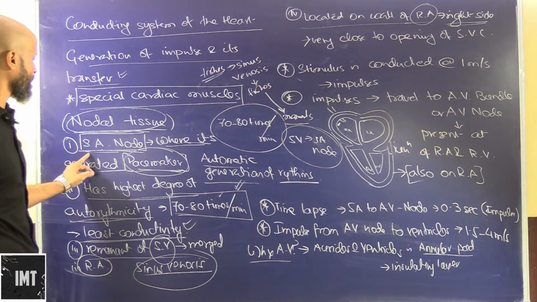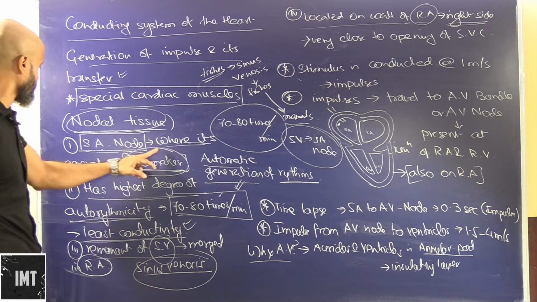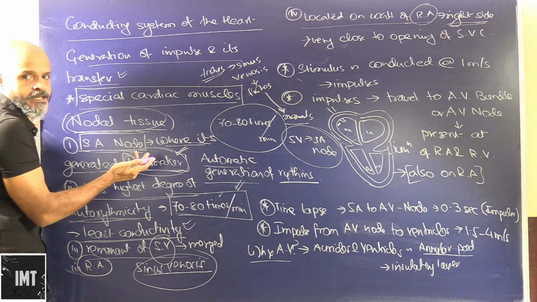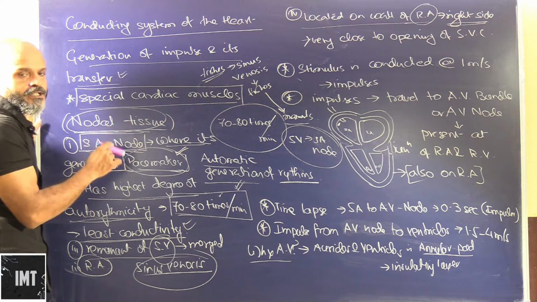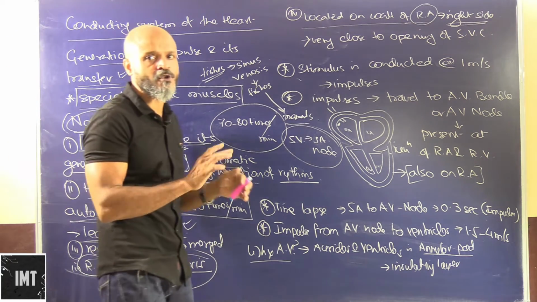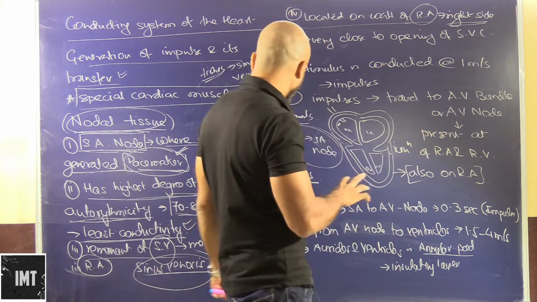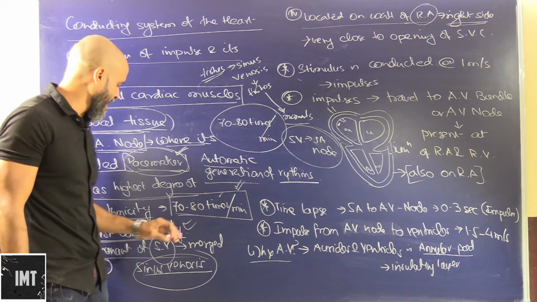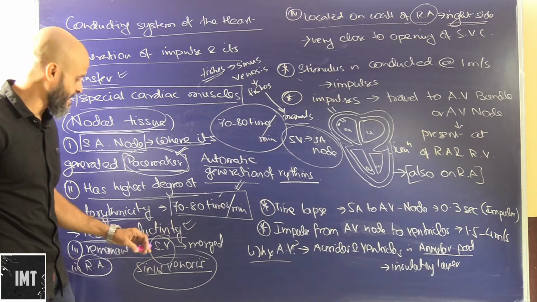It is also known as the pacemaker of the heart. It generates impulses for rhythmic contraction, and it is autorhythmic, which means it does not depend on the external nervous system. It generates 70 to 80 times per minute, but its conductivity is less.